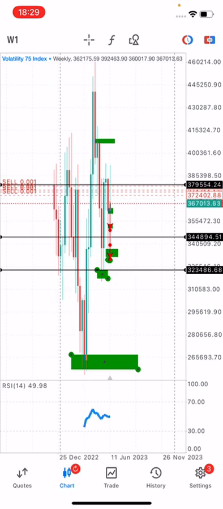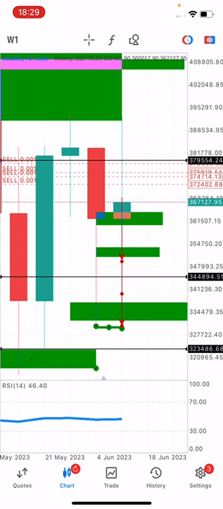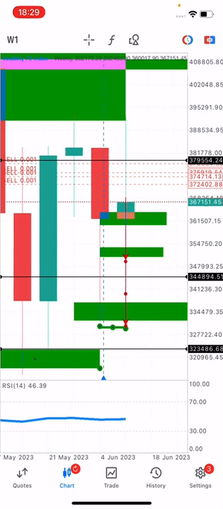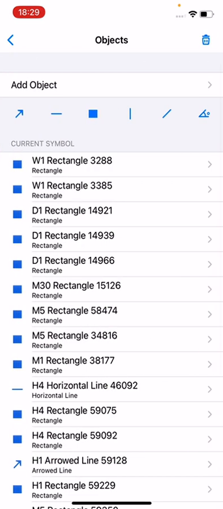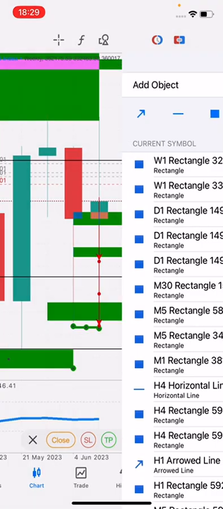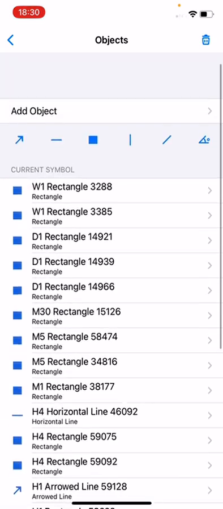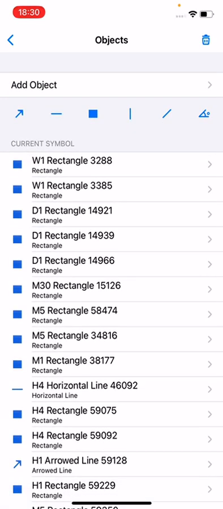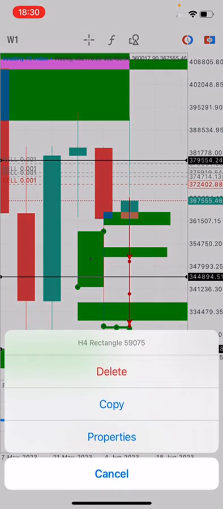Because now check the weekly time frame, guys. You see, the weekly time frame is just a candle, right? This red candle. Through the candlestick method, this candle must be filled. Let me just draw in with a different color.